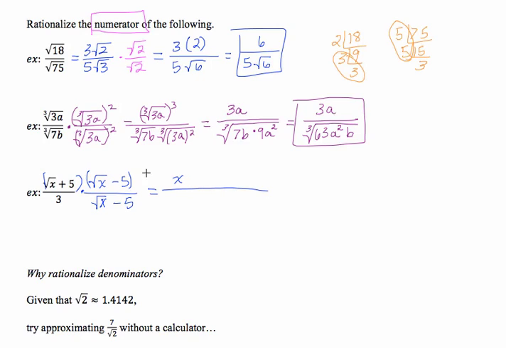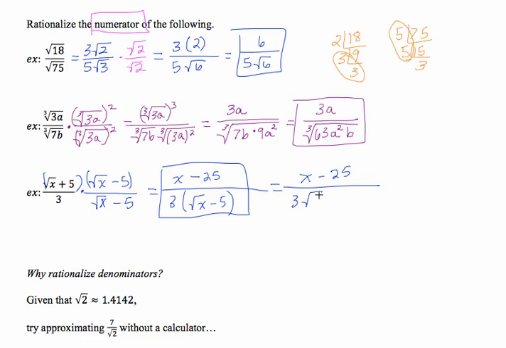Outside, inside terms cancel. The last two terms give us minus 25. And in the denominator, we have 3 times radical x minus 5. Nothing is going to cancel with this 3, so we could leave our answer like that. Or you could distribute out that 3 to get 3 radical x minus 15.